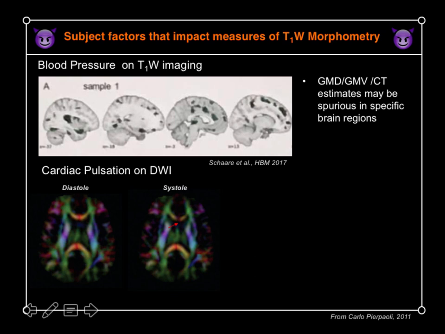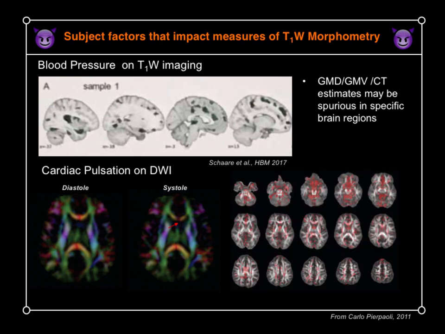Notice that one of the biggest tracts in the brain, the corpus callosum, sort of disappears if you just look at the image constructed from the systolic phase. So this shows that there are some regions that are very badly affected by the cardiac pulsation artifact.